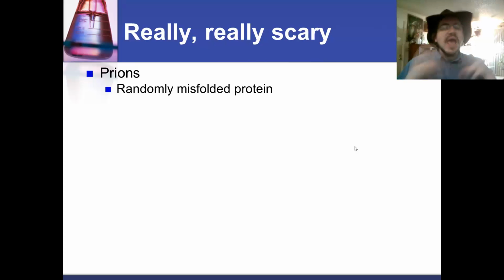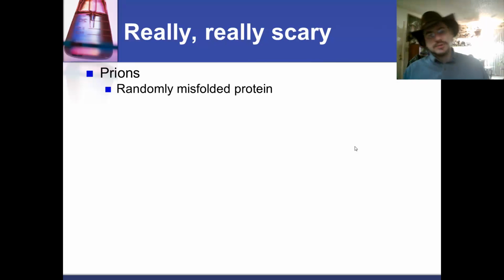In fact, every single one of you, me included, all humans carry a gene, all animals really, they carry a gene called the prion protein gene. And it's actually a normal part of your life. That prion protein gene codes for a protein that is vital to your being alive, does important things. However, that prion protein you are making all the time could randomly become misfolded.